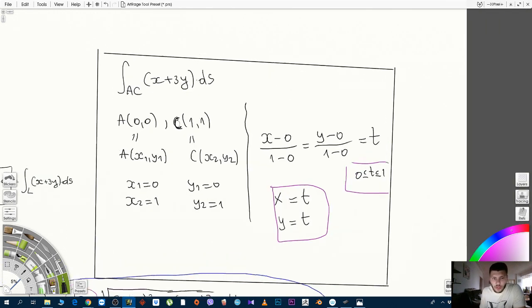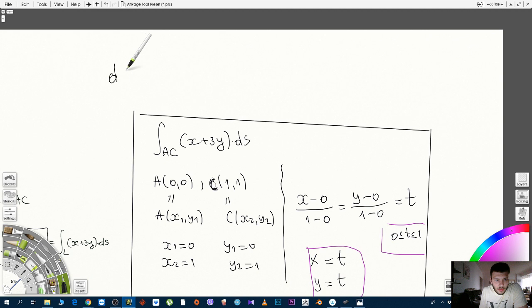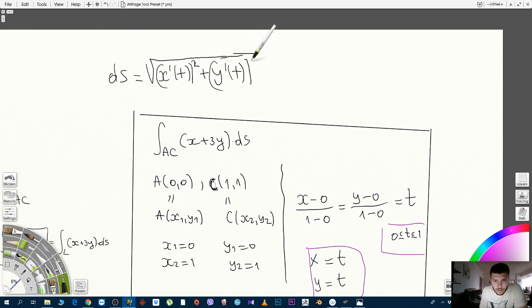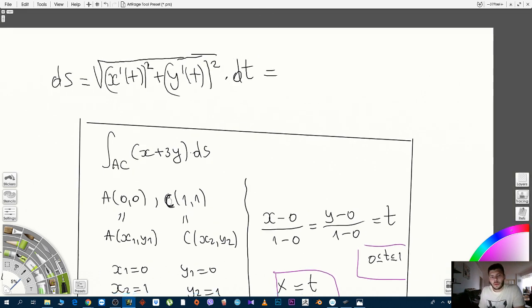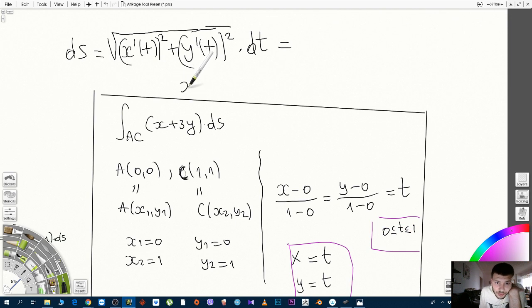Okay, let's calculate ds. ds is equal to square root of derivative of x squared plus derivative of y squared times dt. Derivative of x is equal to derivative of t, which is equal to 1, and derivative of y is also derivative of t, which is equal to 1.